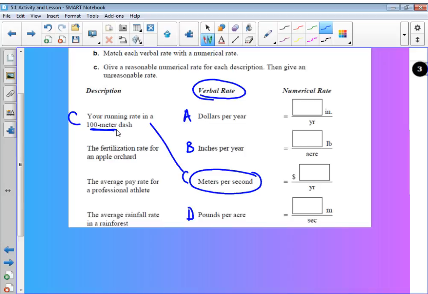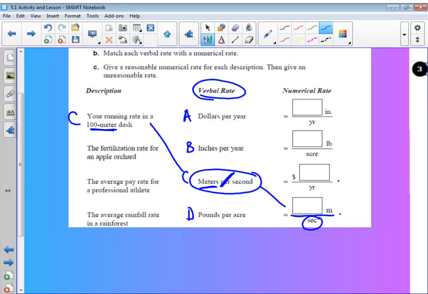If it's meters per second, the word per also means a division bar or a slash mark. So now when we look at our numerical rates, we have inches per year, pounds per acre, dollars per year, or meters per second. So here's our meters per our second. So this one matches there.